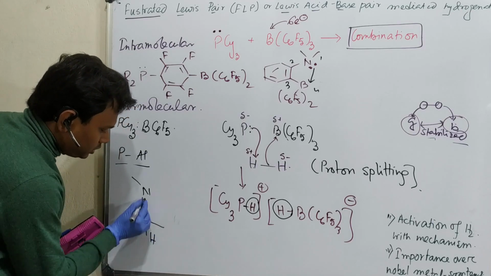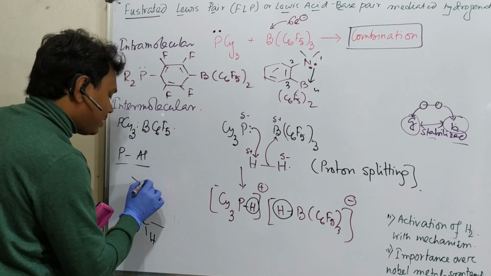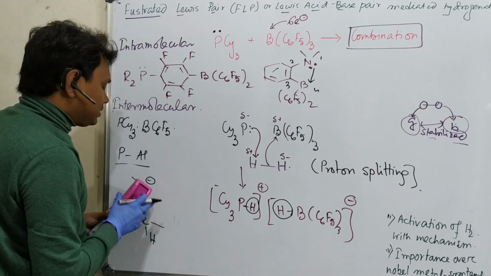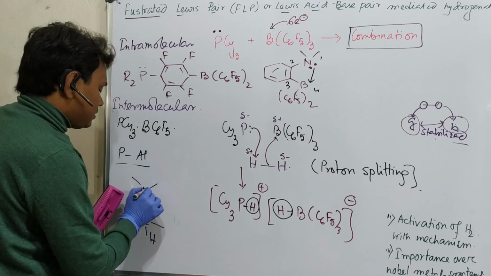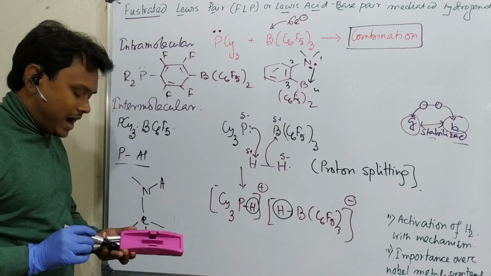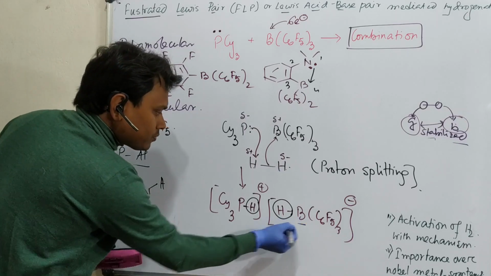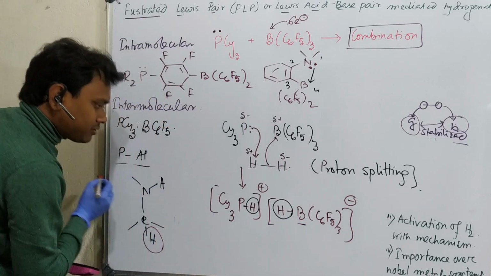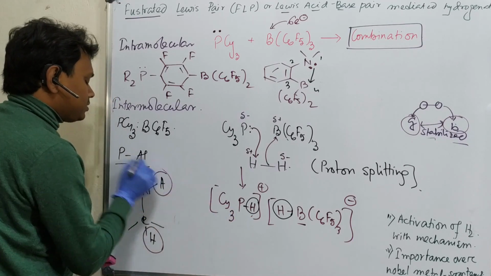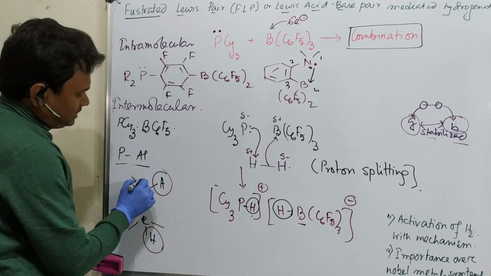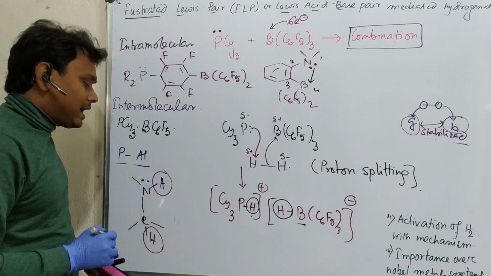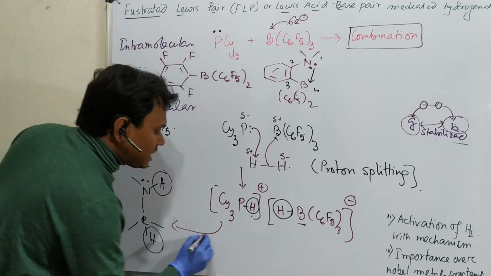This will open up to provide N minus, and that N minus will abstract this hydrogen. So in this way, see, two hydrogens, one hydride from this boron, one proton from this. So now the question is, what are they acting as? Catalytic hydrogenation.